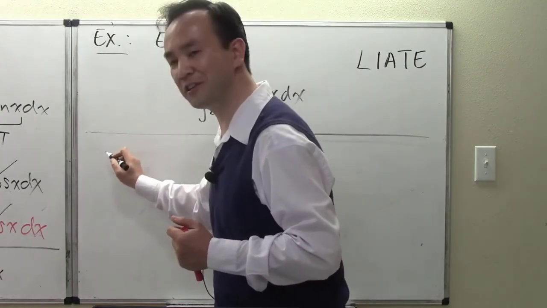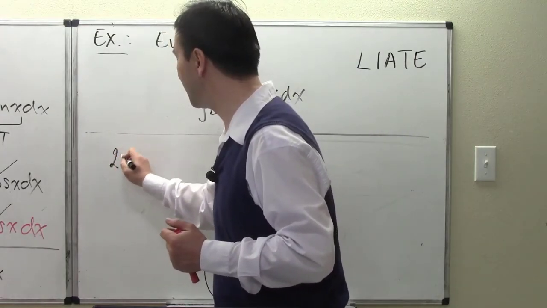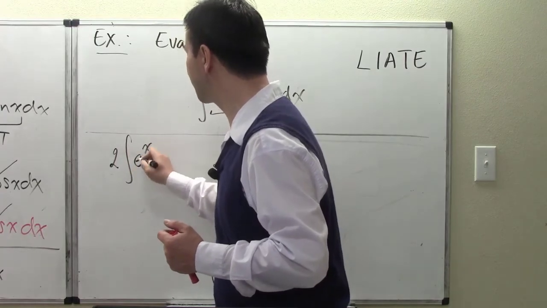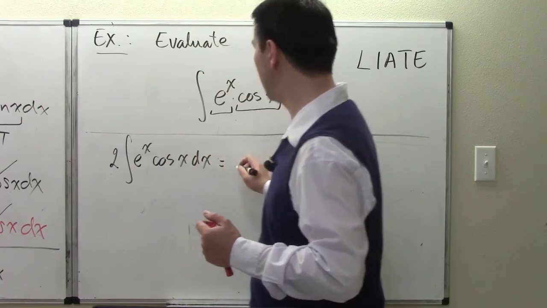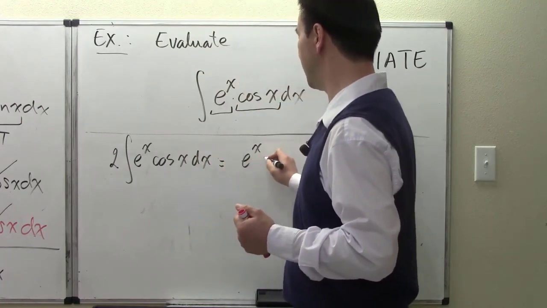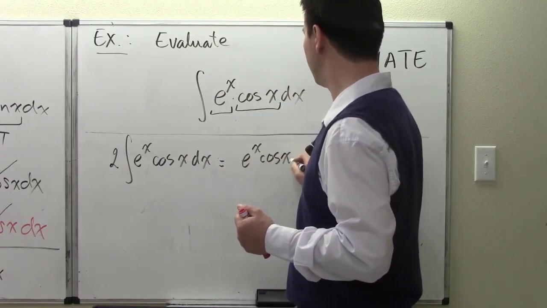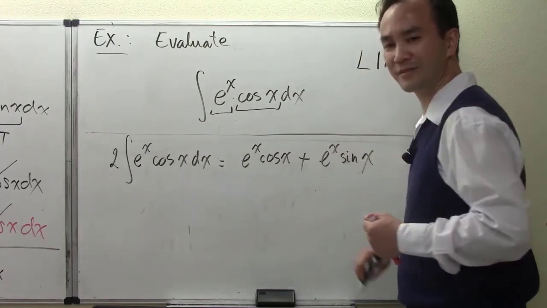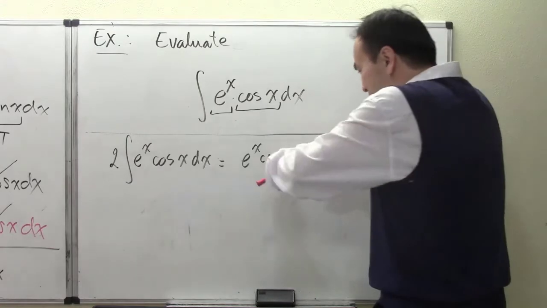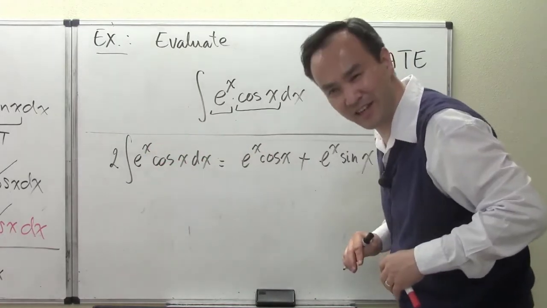The very last line from the other board was 2 times the integral of e to the x cosine of x dx equals e to the x cosine of x plus e to the x sine of x.